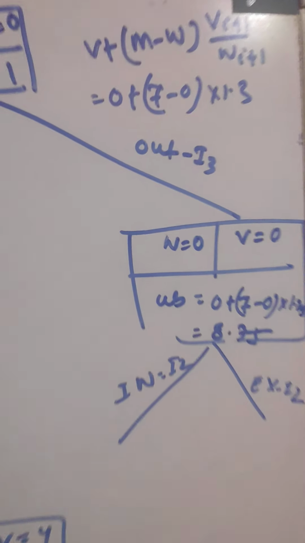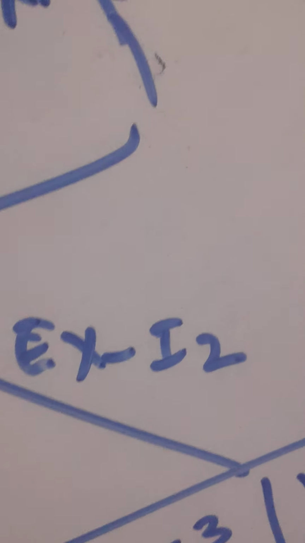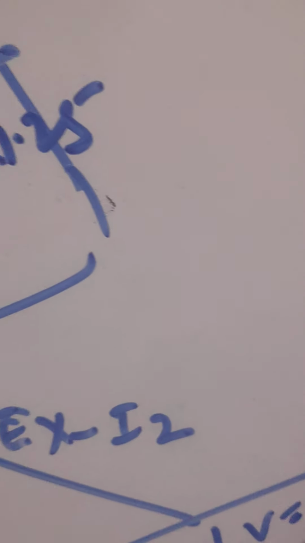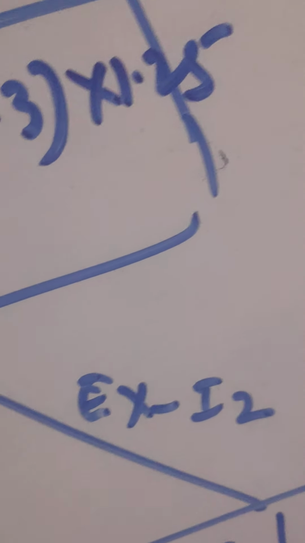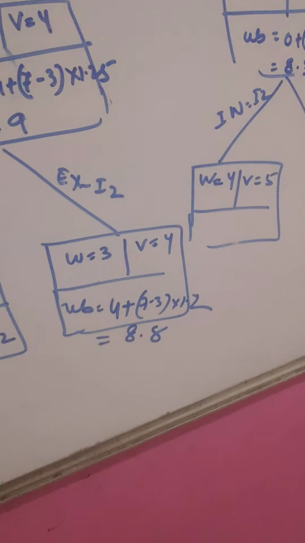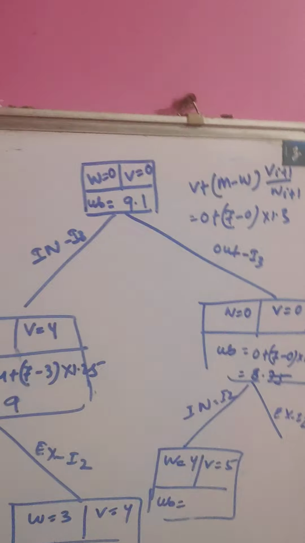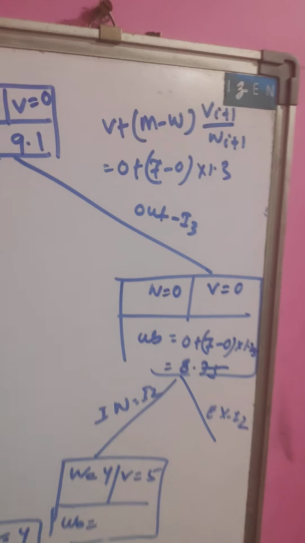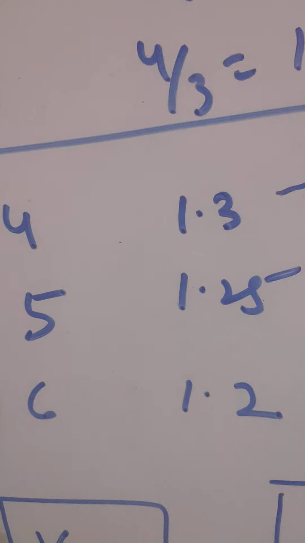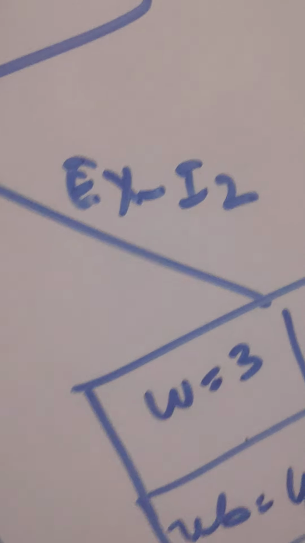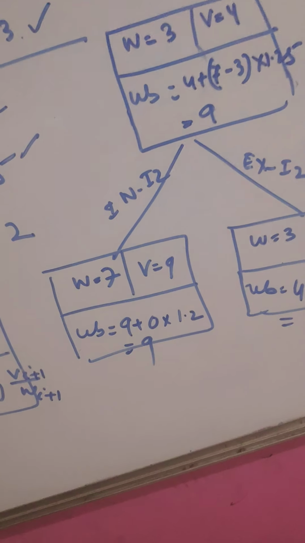So when initial weight was 0, now if I include I2 whose weight is 4, my weight becomes 4, V becomes 5, and upper bound becomes, as per the formula, V plus M minus W. V was 5 plus M was 7, 7 minus 4 is 3, into, since I2 is excluded, again I have to put 1.2, so it is 5 plus 3.6, so it is 8.6.